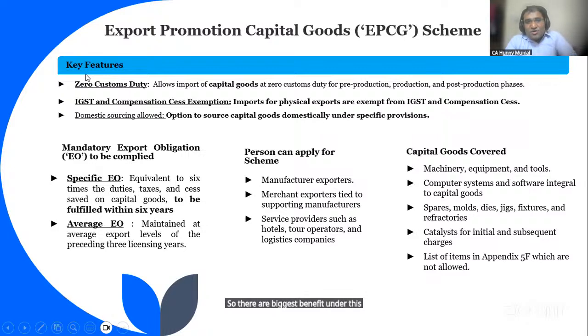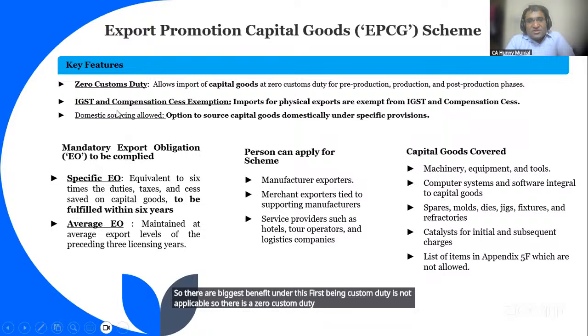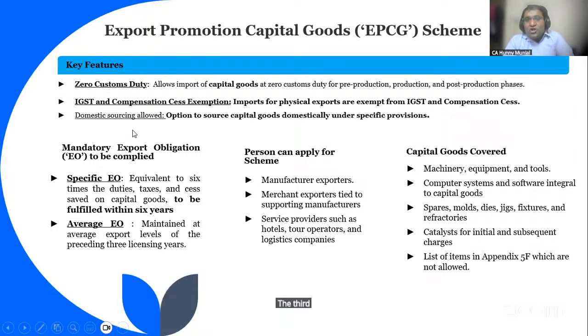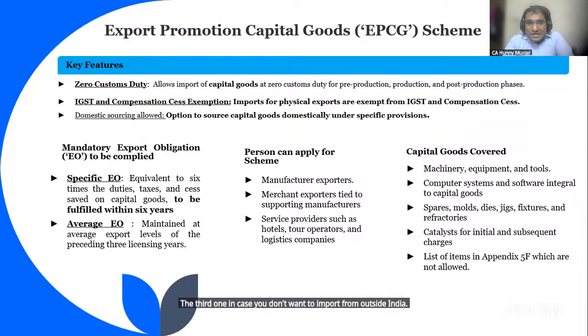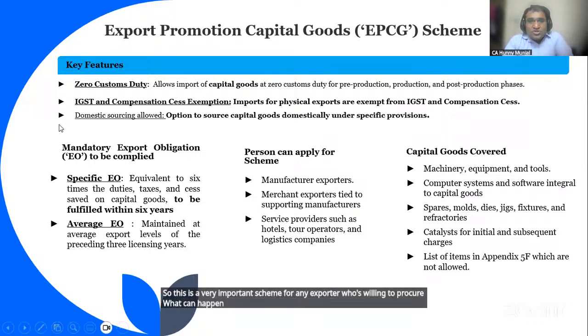First, custom duty is not applicable, so there is zero custom duty. IGST and compensation cess are also not applicable. The third one, in case you don't want to import from outside India, still on your local procurement, the GST would not be applicable. So this is a very important scheme for any exporter who is willing to procure capital goods. We can use this, but it comes with its own challenges.